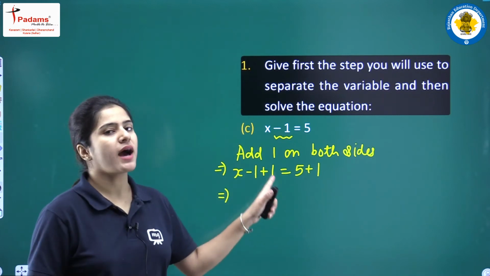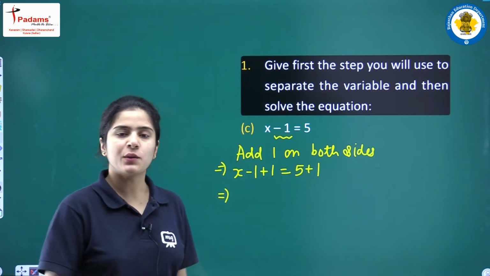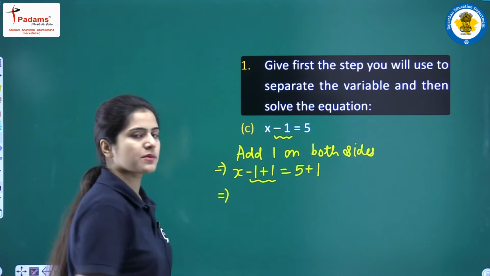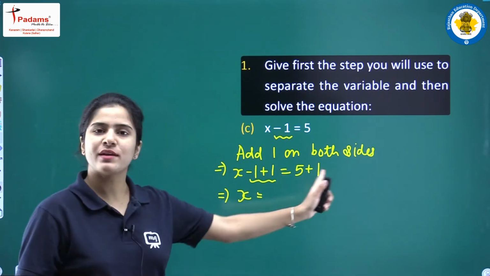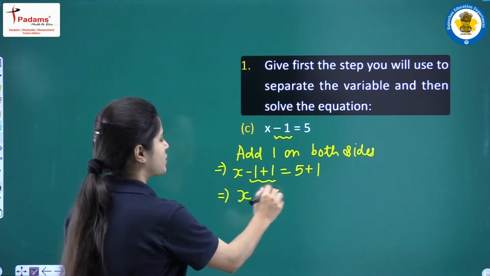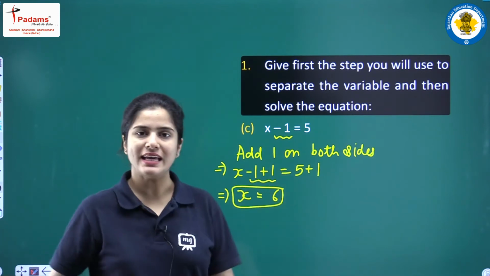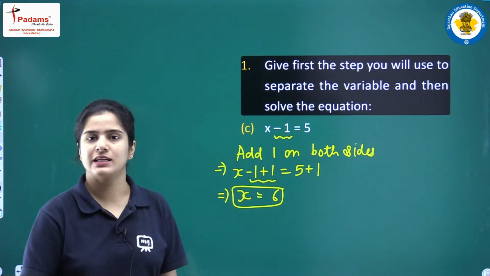Minus 1 plus 1 is equal to 0, so this is x. 5 plus 1 is equal to 6. Very easy question. In this way you can easily solve the questions.